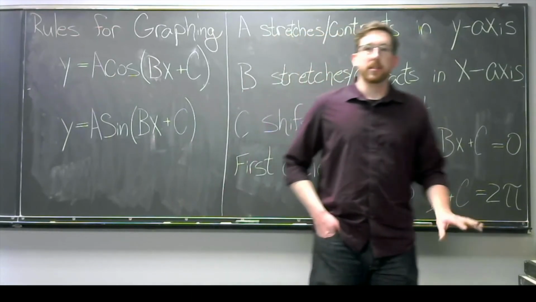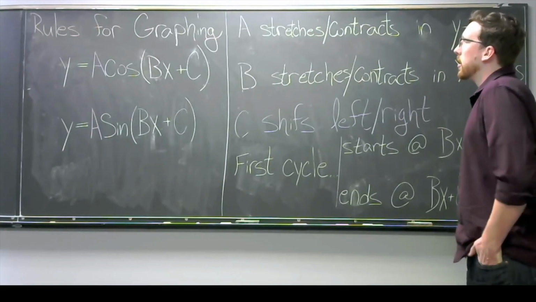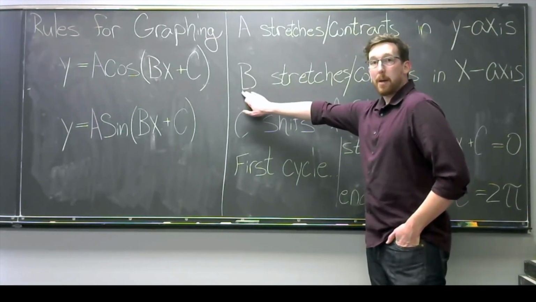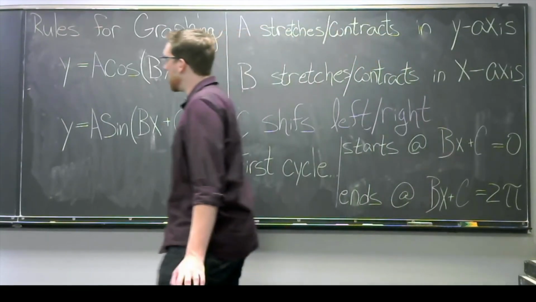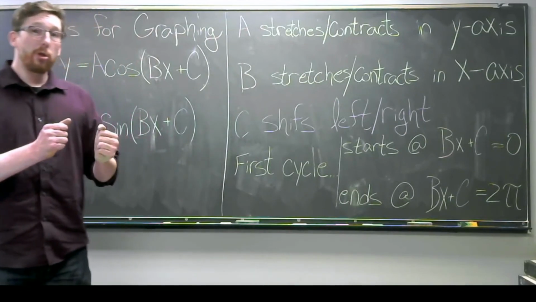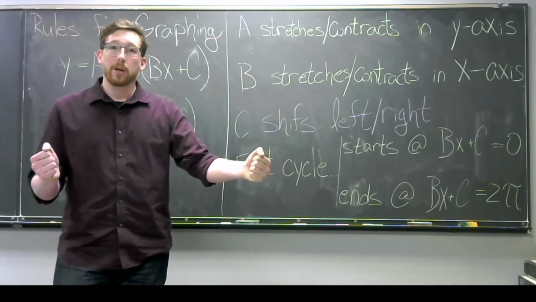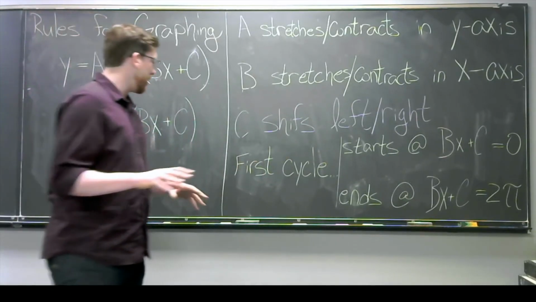Having said all of this, there is one last thing I want to point out before I let y'all go. In the case that we're multiplying by a b, we're multiplying that x value by a b, right? The period, because we're stretching and contracting in the x-axis, will no longer be 2 pi.